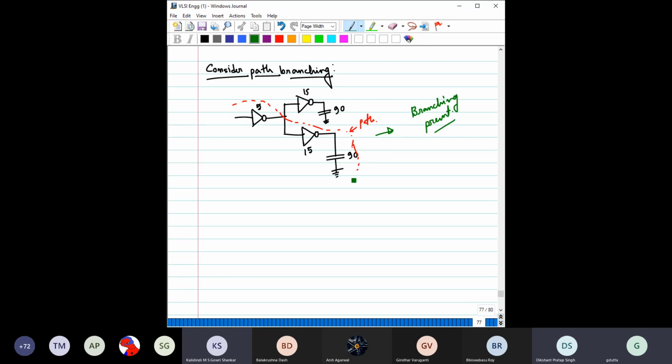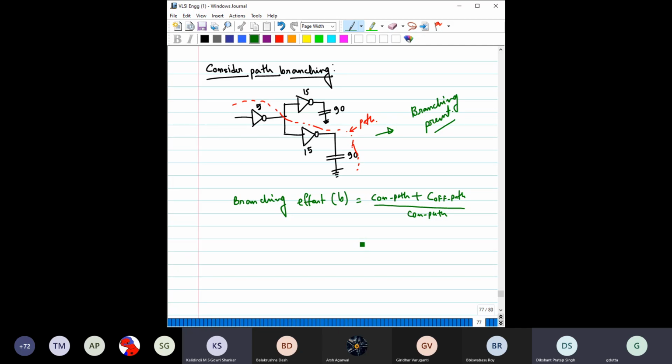If branching is present, we have to introduce a term which is called the branching effort, B. Branching effort is the capacitance for the on path plus the capacitance for the off path, divided by the capacitance of the on path. It's pretty straightforward.